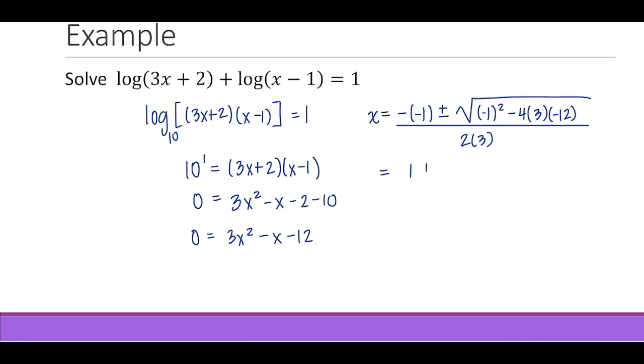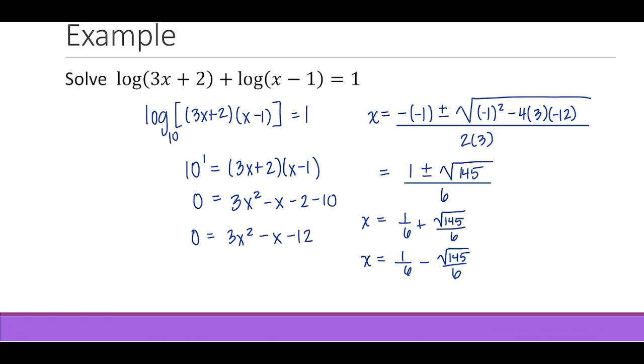So simplifying this, we get 1 plus or minus the square root of, now here on the inside I have 4 times 3 is 12, so I have negative 12 times negative 12, that's 144, and that's positive, and then this would be a positive 1, so we have 145, and then all over 6. So I have two different answers here. What I have is 1/6 plus the square root of 145 over 6 as one answer, and my other answer, potentially, is 1/6 minus the square root of 145 over 6.